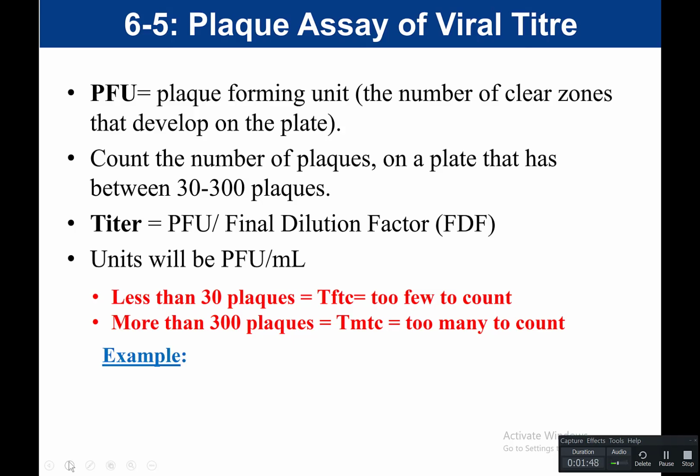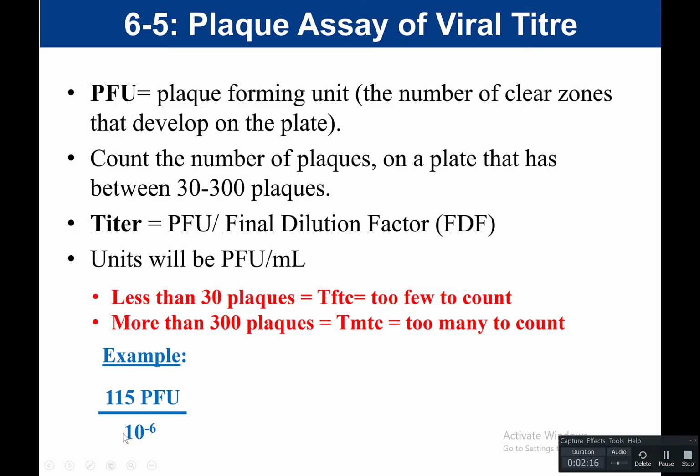The way we calculate our titer is that titer is equal to PFUs, plaque forming units, divided by your final dilution factor. That's the final dilution factor that's written on your plate. So for example, let's say that we had 115 plaque forming units on our plate that was labeled 10 to the negative 6.